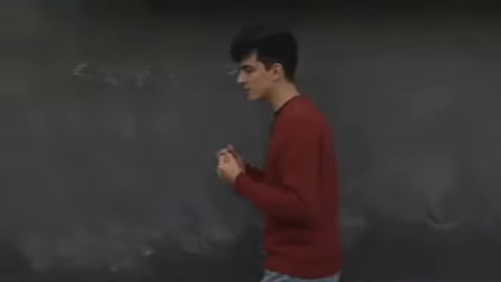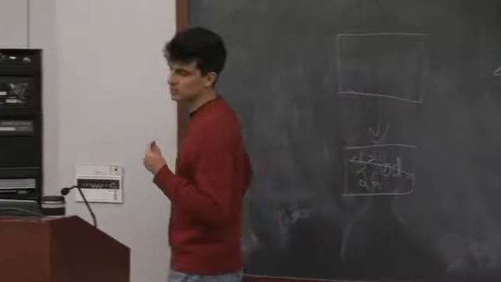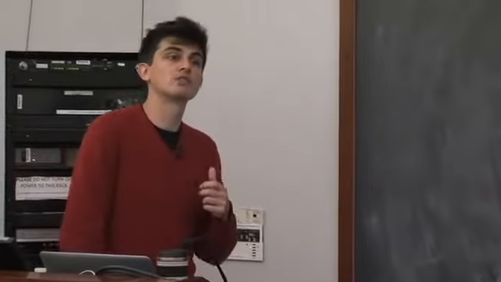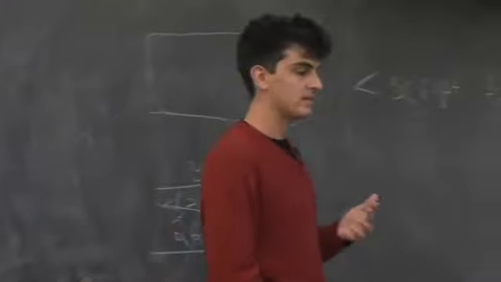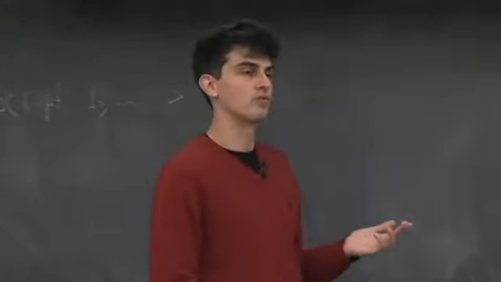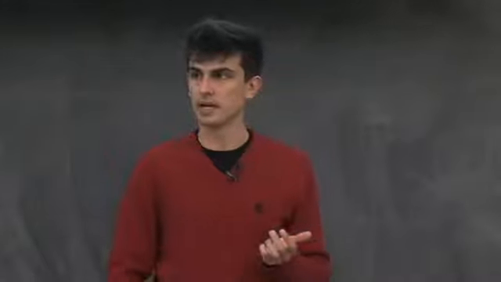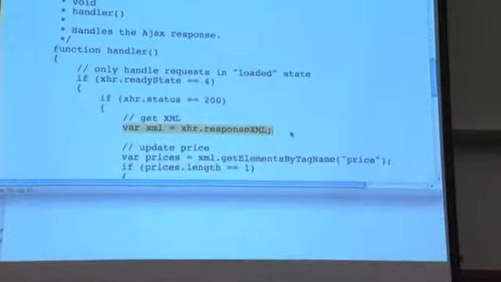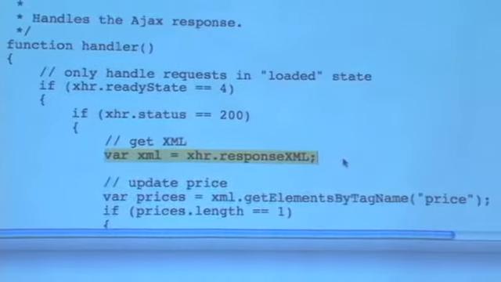So it treats it a little bit differently and puts it into the response XML field, rather than the response text field, which is what you would get if the content type is text HTML, the default for the output of a PHP page. Okay, so now we are outputting XML, and we're going to treat this as an XML object.